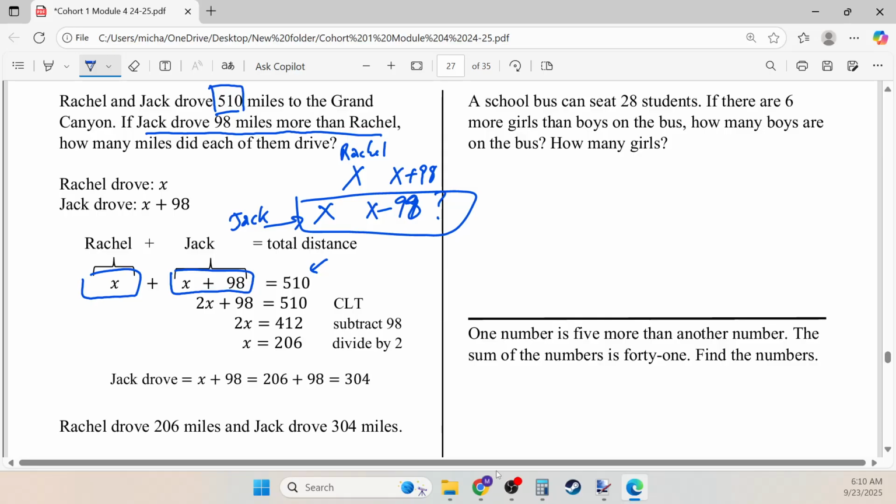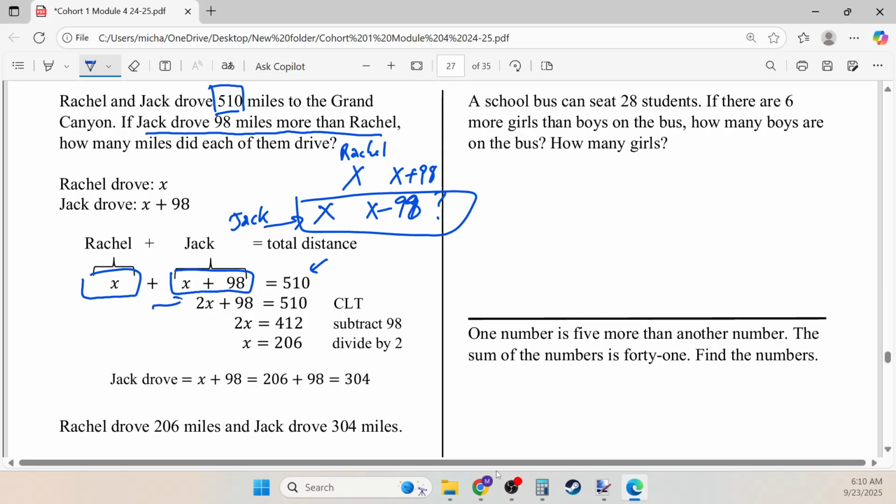So you can usually set these problems up several ways. And the way that they chose was Rachel is X and Jack is X plus 98. But you could solve the problem the other way. You just have to remember when you're interpreting your answer that you're consistent with how you create and interpret your variables.